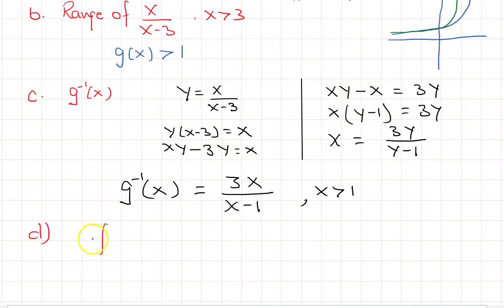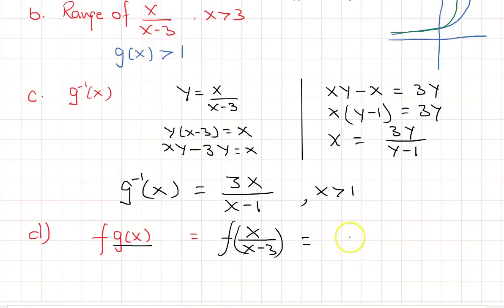Part D is find fg(x). So my advice is whenever you find fg(x), it's f of g(x). So g(x) is x over x minus 3. Write it like this.